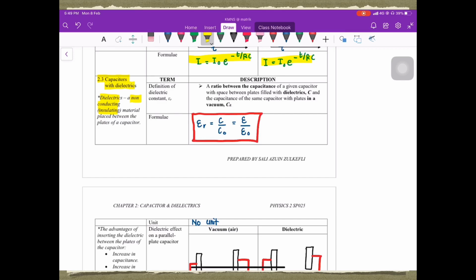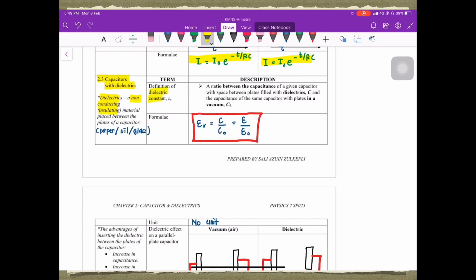We have a few types of dielectric: paper, oil, glass. Okay, so as an insulator.